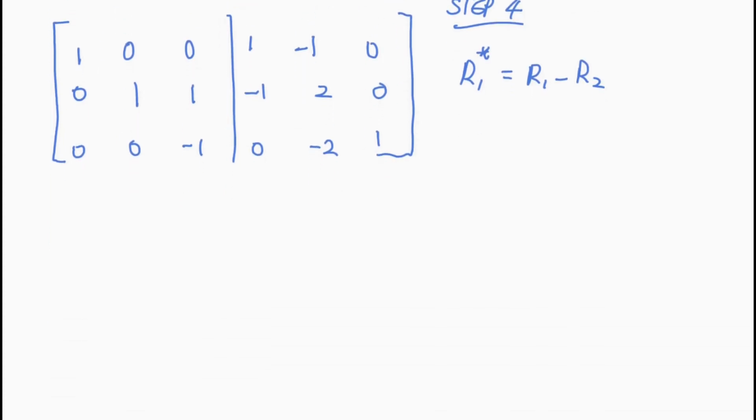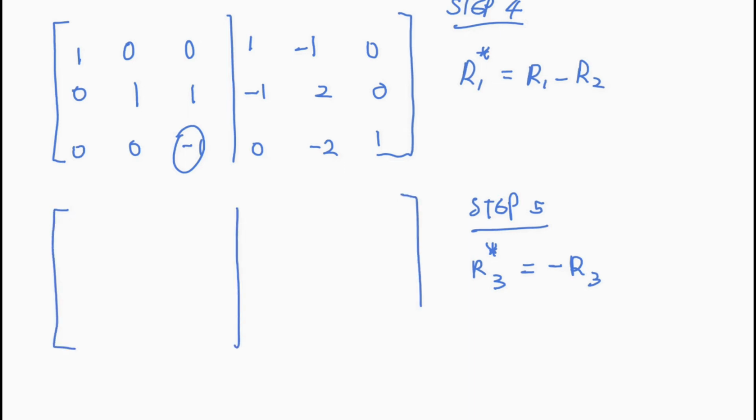For step 5, you want to obtain here the leading diagonal at the third column as 1. So it is easy since it is negative 1 already. So the new row 3 is equal to negative the original row 3.